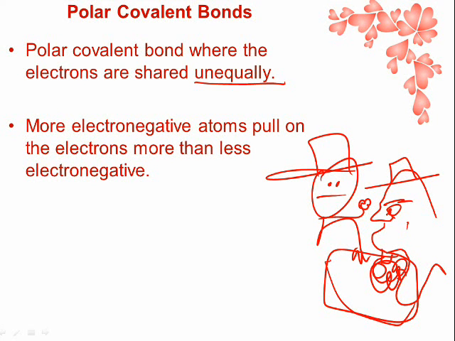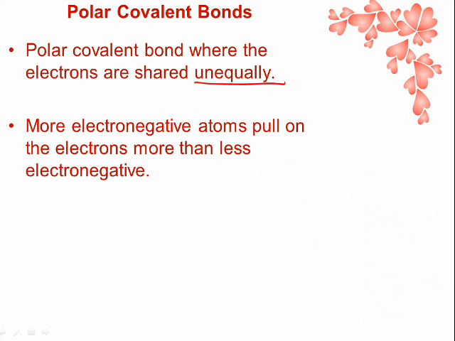He's not even watching the movie. You're having one kernel every 5 minutes or so. So you're sharing it, but it's not equal. Again, the more electronegative atoms will pull on the electrons more than the less electronegative.